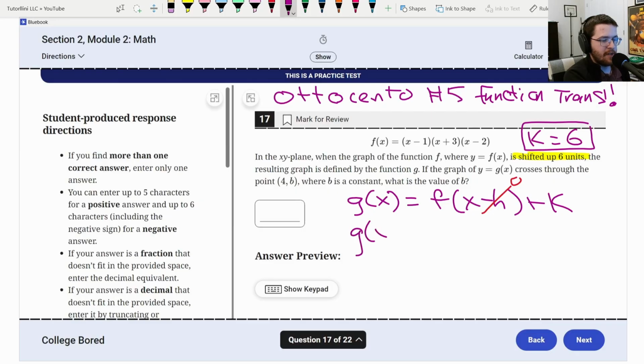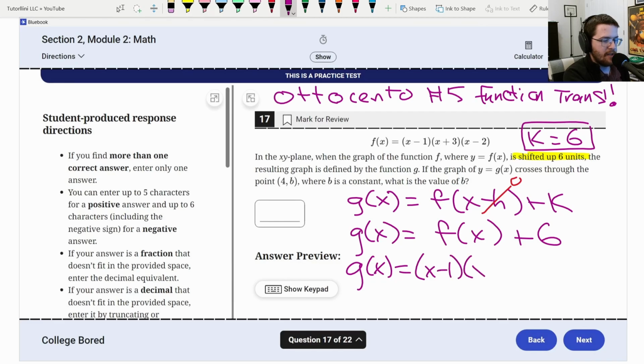So we're going to write g of x equals f of x plus 6. And this entire thing here is f of x, so that's just going to go here. So g of x equals x minus 1, x plus 3, x minus 2, plus 6.